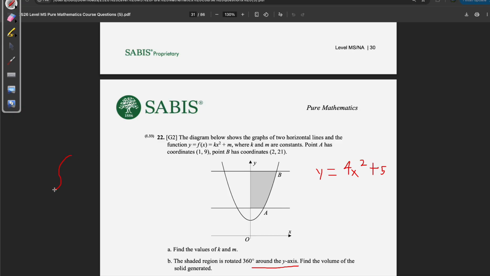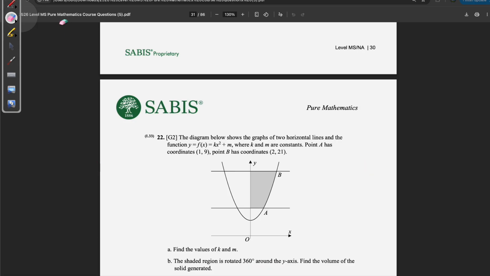So integral, since they said y-axis, we use the y, so from 9 to 21 you isolate x squared, so (y minus 5) over 4. So again, you integrate from 9 to 21 of (y minus 5) over 4, which is equal to 30 pi. I just didn't put the pi here, it's just meant to be 30 pi.